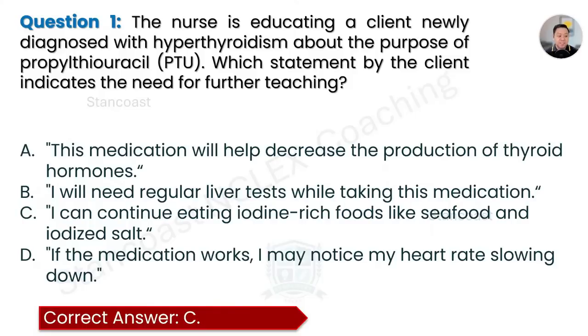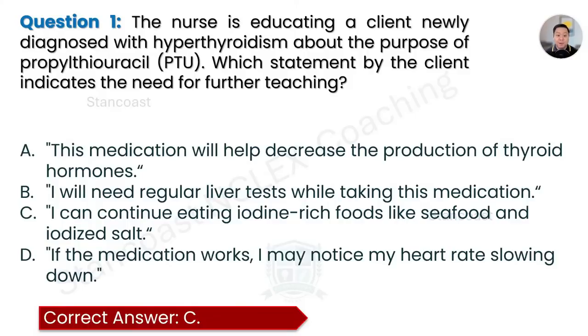And letter D is also incorrect because this is a statement that reflects the client's awareness of this outcome, and it indicates proper understanding of the medication's effects. We know that hyperthyroidism can cause symptoms like tachycardia due to increased thyroid hormone levels, which can enhance metabolic activity and sympathetic nervous system effects.